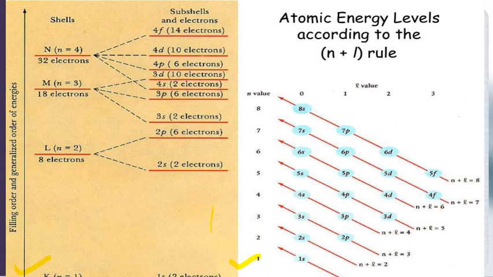Once again they will be filled in the order 2s, later 2p, then we go to the M shell. The total capacity in this is 18 electrons, but the filling goes on in 2 orbitals, that is 3s will be filled first and then 3p. But before we fill up the 3d, there will be filling of 4s, which belongs to the 4th shell, as 3d is higher in energy. Along with this, the number of electrons which can be accommodated in each orbital is given. Right? Now come to the next one.